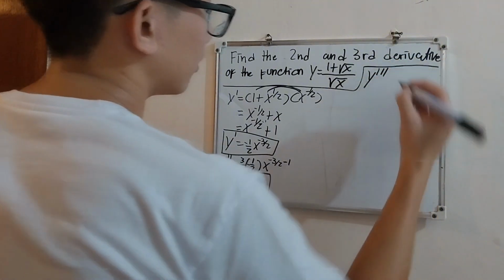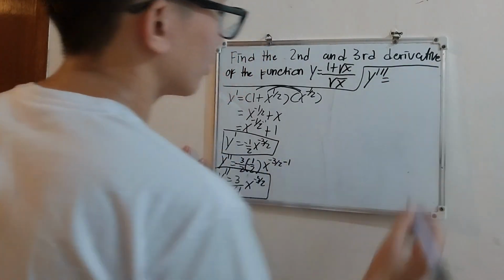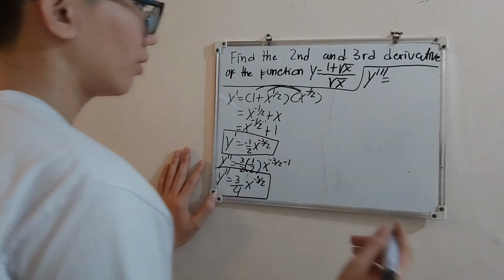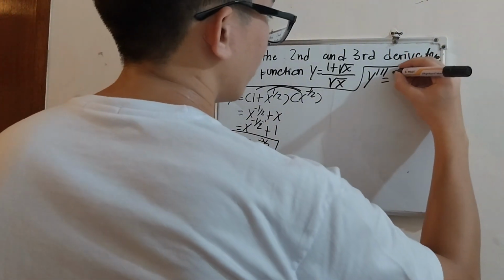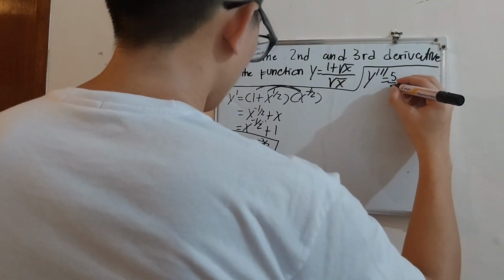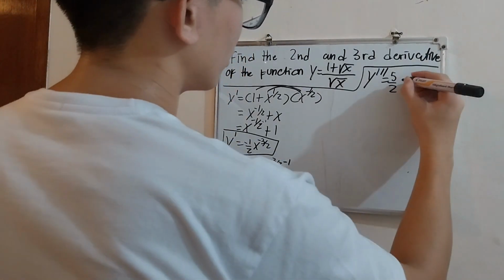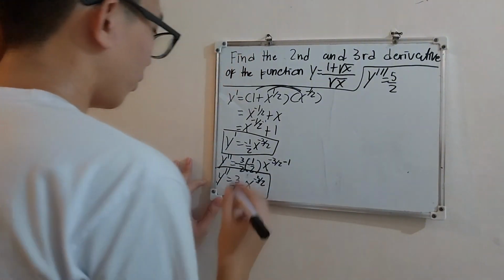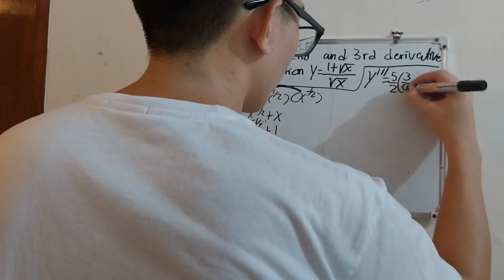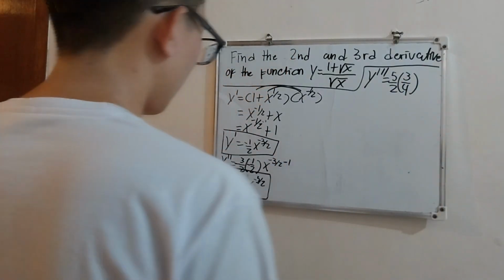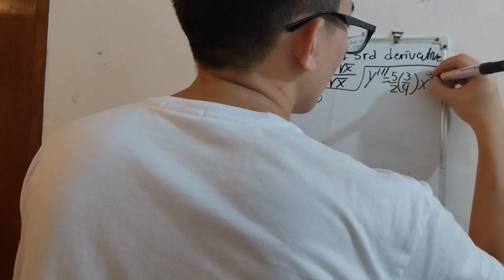Copy the 3 over 4, x to the negative 5 over 2, 5 over 2, and this is 3 over 4. Copy x, then negative 5 over 2.